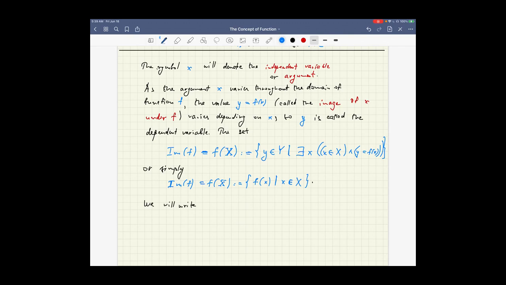We will write x maps to f of x. This symbol means maps to. Whenever it's clear from the context what the domain and codomain are.